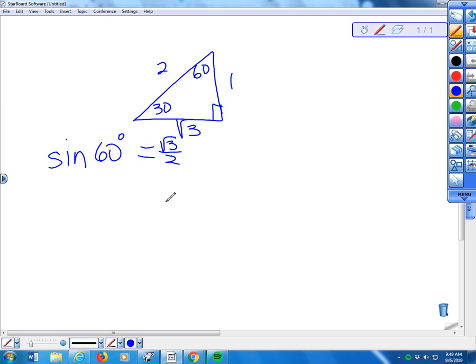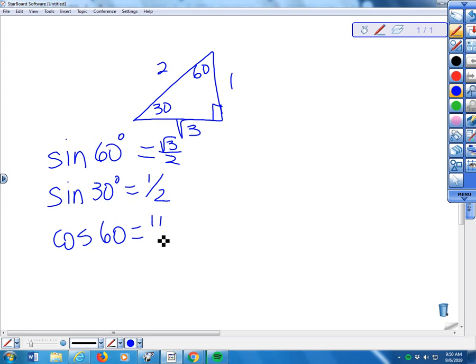Okay. If I wanted to know sine of 30, it's 1/2. Cosine 60 is 1/2. And cosine of 30 is square root of 3 over 2.